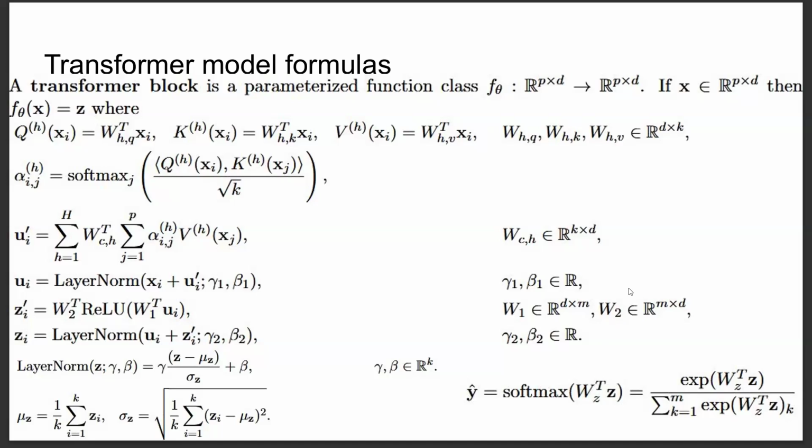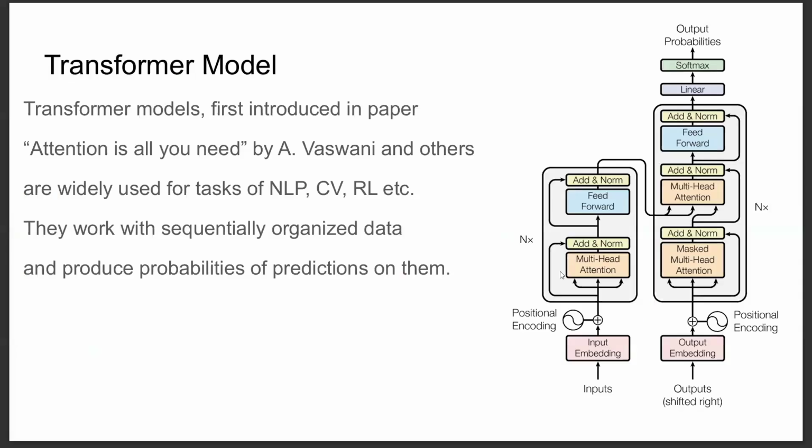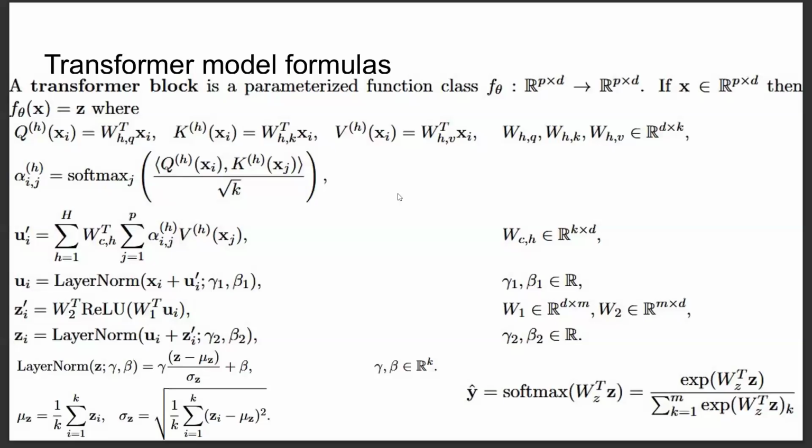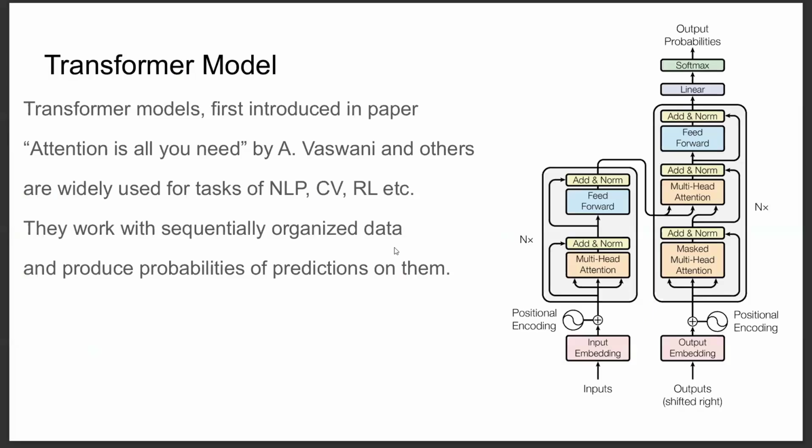Then you just take this as a P by P matrix and apply it to vector V. So this is a multi-head attention.